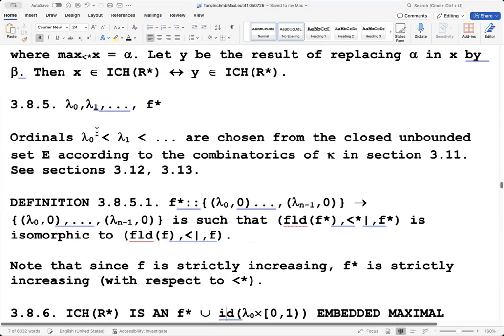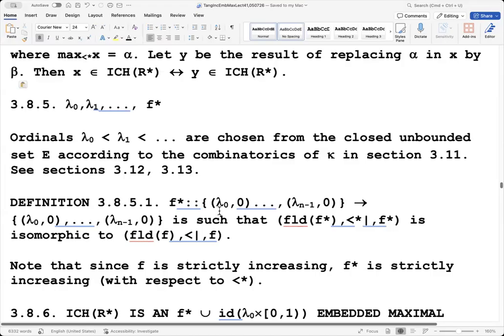And then we pick ordinals according to the combinatorics that we're doing. The combinatorics that we're doing rules what cardinal we pick and what indiscernibility properties these have. But no matter what, we're in the transfinite.